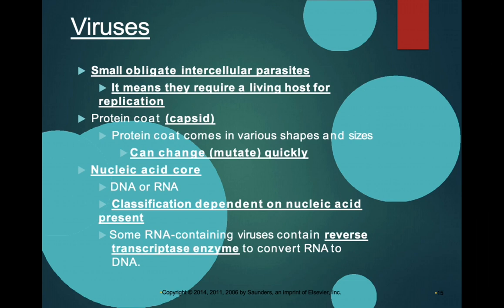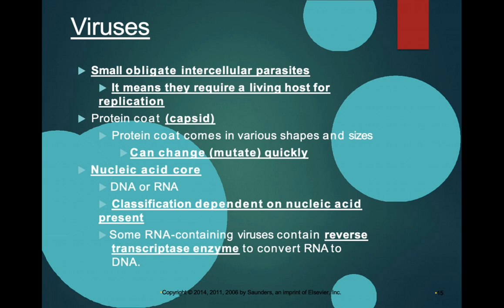There are small obligate intracellular parasites, viruses. Obligate intracellular parasites means that they require a living host for replication. They have a protein coat called the capsid, which can come in various shapes and sizes, but they can change quickly. When something is changing quickly, we say it mutates.